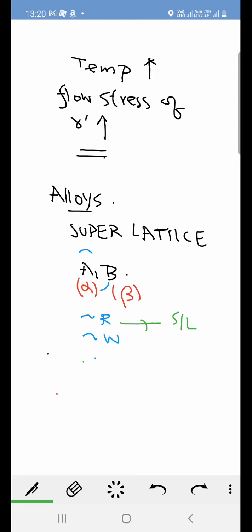The material needs to be defect free. Now, based upon these right and wrong atoms, we define a parameter called an order parameter.